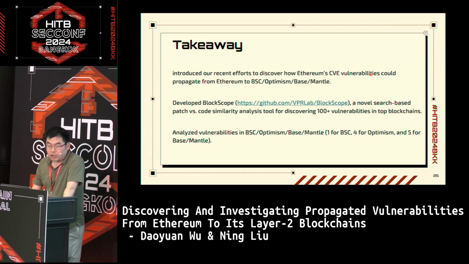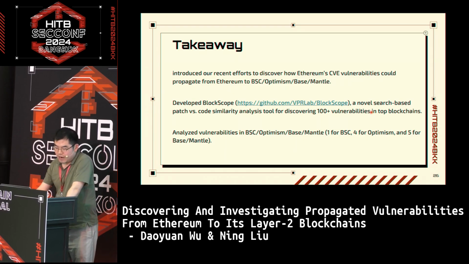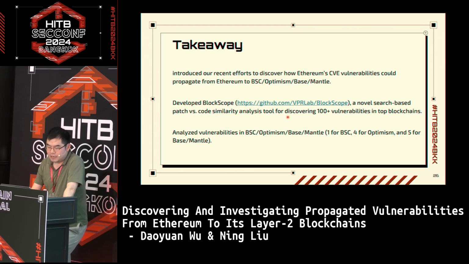And in order to help us automatically discover those vulnerabilities, we developed a novel tool which, in one sentence, uses search-based patch versus code similarity analysis to discover many propagated vulnerabilities in top blockchains. And lastly, we also analyzed some vulnerabilities in the Ethereum ecosystem.